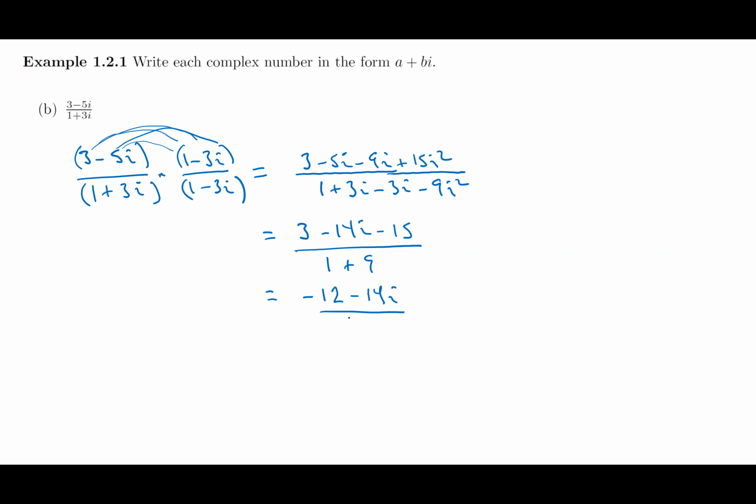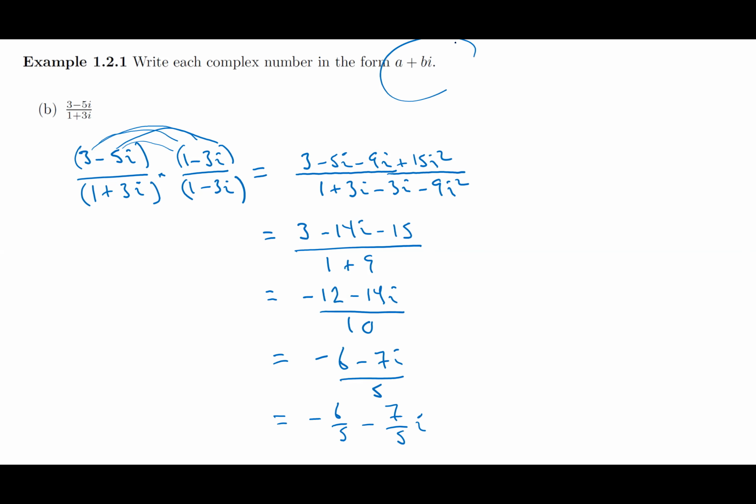I have a denominator that is real, which means if I want to reduce this first, I guess I could do that. Now I can break it up. Negative 6/5 minus 7/5 i.